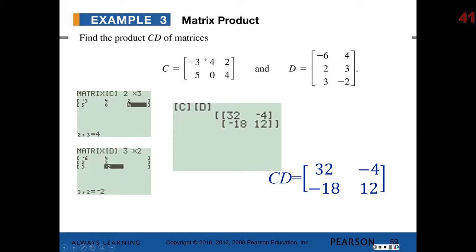It's going to be -3 times 6 and 4 times 2 and 2 times 3 added together, and then 5 times 4 and 0 times 3 and 4 times -2 added together. We're going to have those dimensions, but it's much, much faster to do them on a calculator. Can I find the product DC?